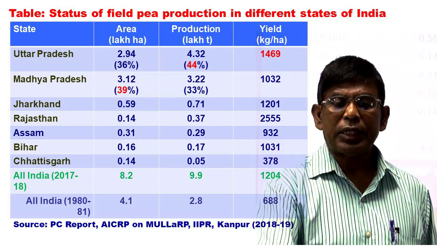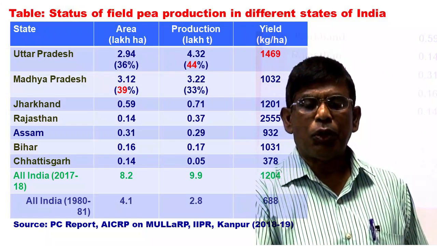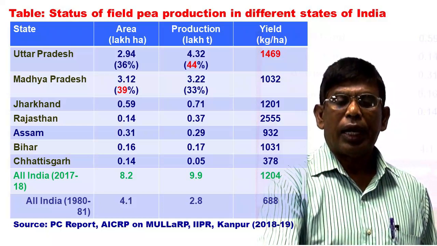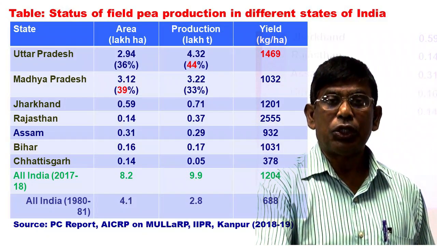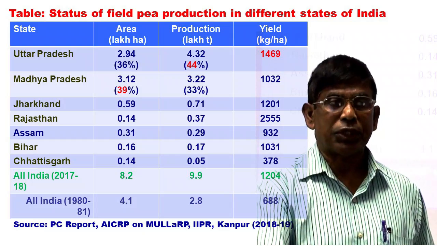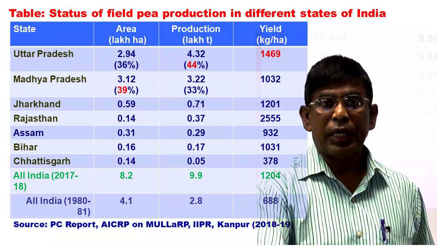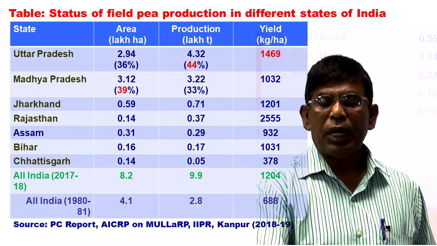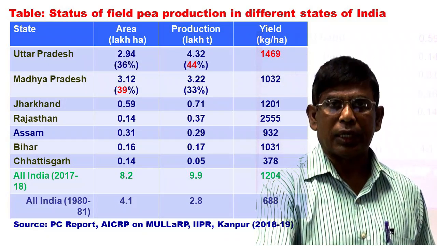In Madhya Pradesh, production is 3.22 lakh ton and area is 3.12 lakh hectare, which is around 39% of India. That means it ranks first in acreage, with an average yield of 1032 kg per hectare.